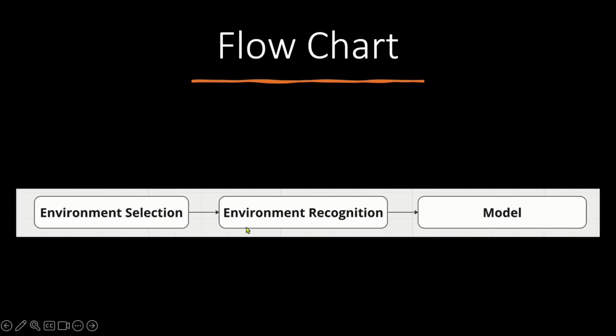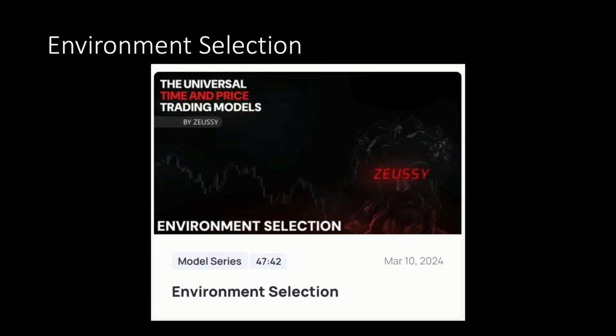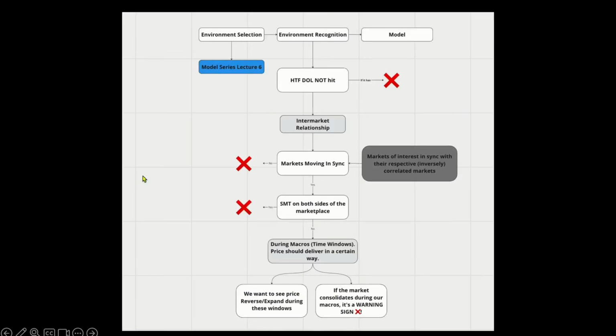And after we've established that, we will move on to the model. The model being basically our program. Do this, do that. If this happens, don't do that, etc. For environment selection, please refer to the lecture about the topic inside of the model series.